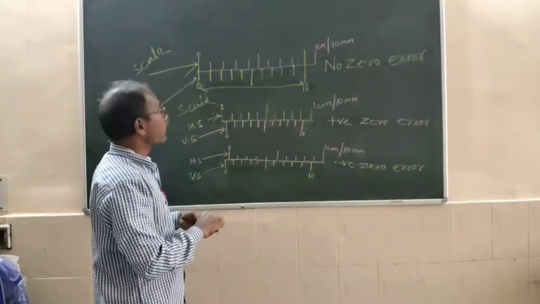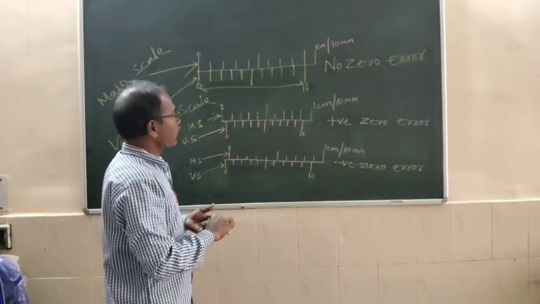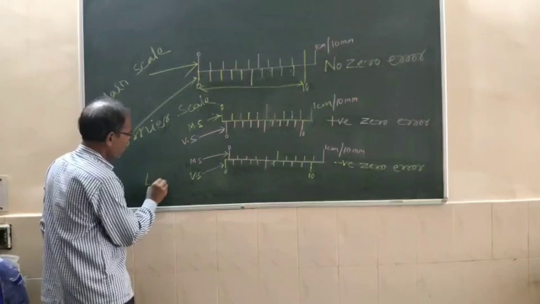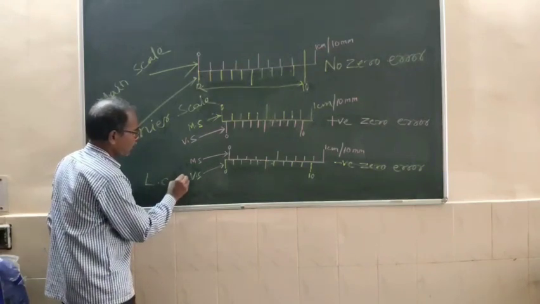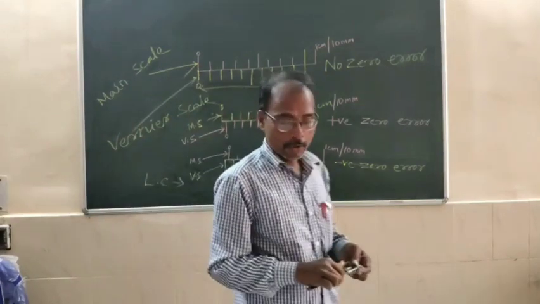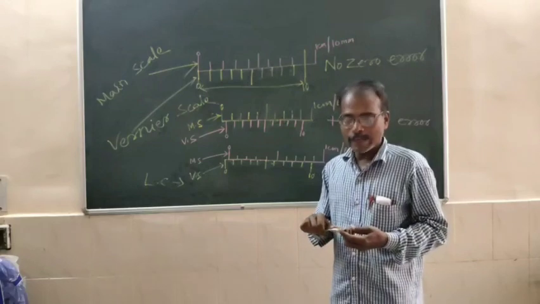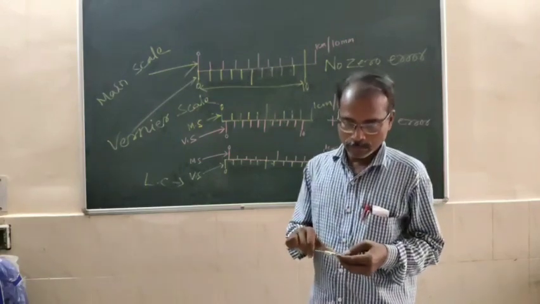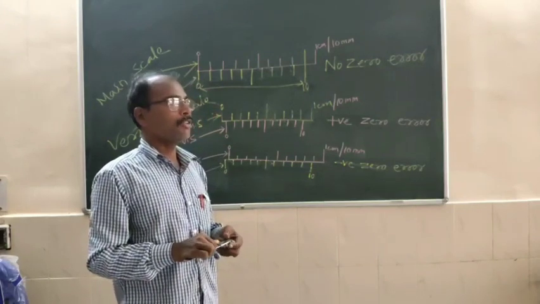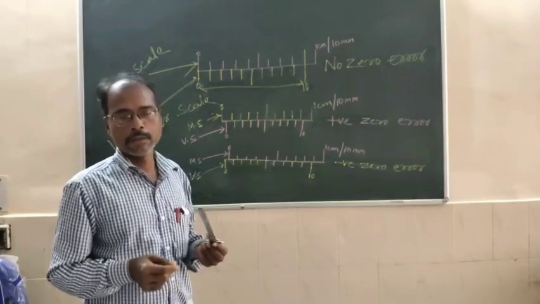Then, least count. What do you mean by least count? The smallest value that can be measured by the instrument is called its least count.